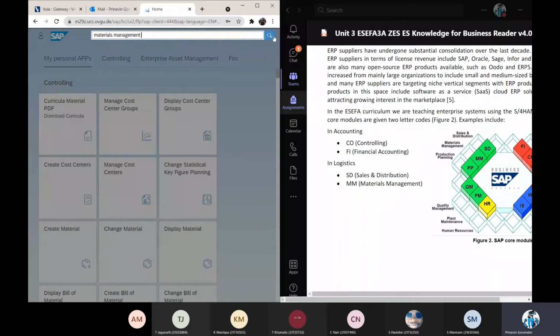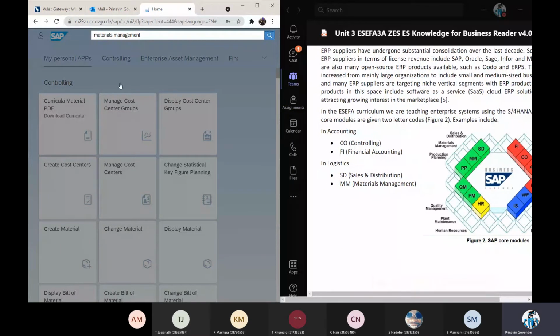Sales management. Let's click on the magnifying glass, and this module should appear. Oh, there it is in accounting, controlling. Okay, you can see the controlling.